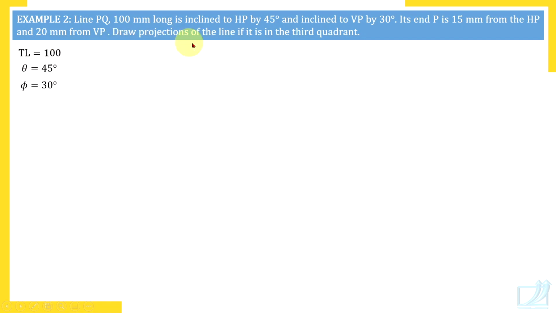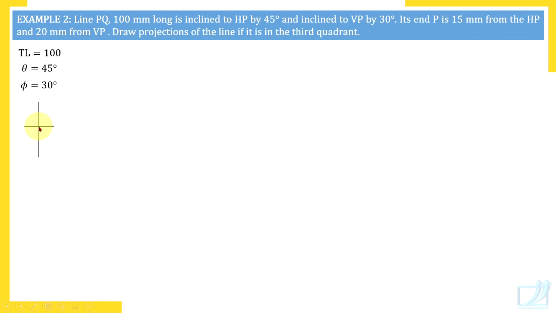That means all points on the line are in third quadrant. It means this point P given, it is also in the third quadrant, in the sense top view above and front view below. So here it is XY line, here it is projector of point P. What is distance of point P from HP? 15 millimeter, and front view gives distance from HP.